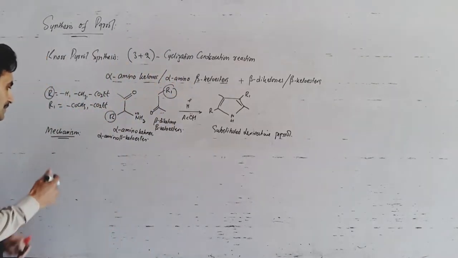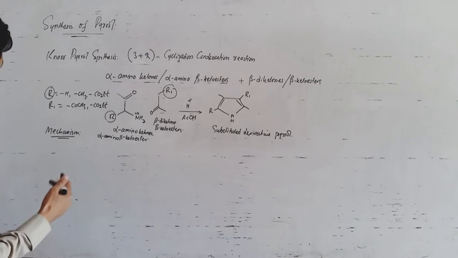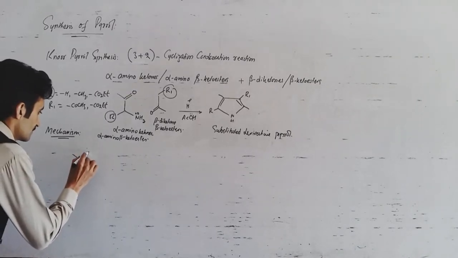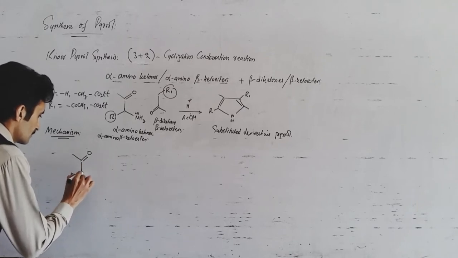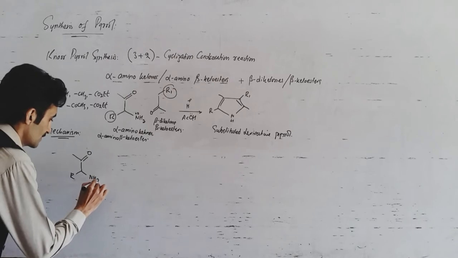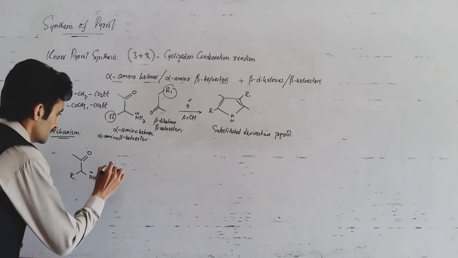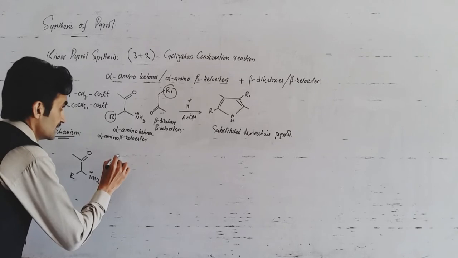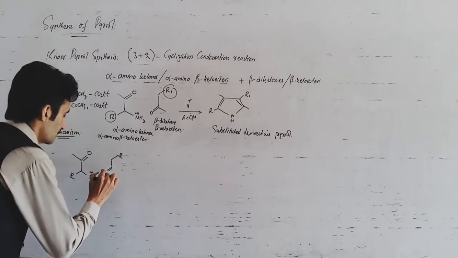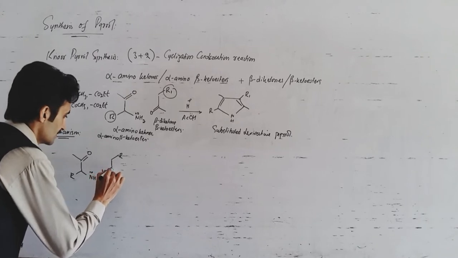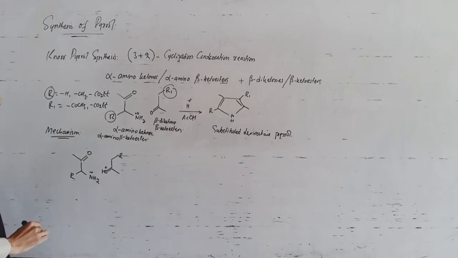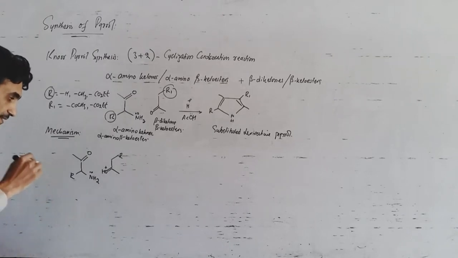Let us focus on the simple mechanism for Knorr pyrrole synthesis. Usually this is alpha amino ketone, which has a lone pair of electrons. We take beta diketone in protonated form so that we can activate the carbonyl carbon for a nucleophilic addition.